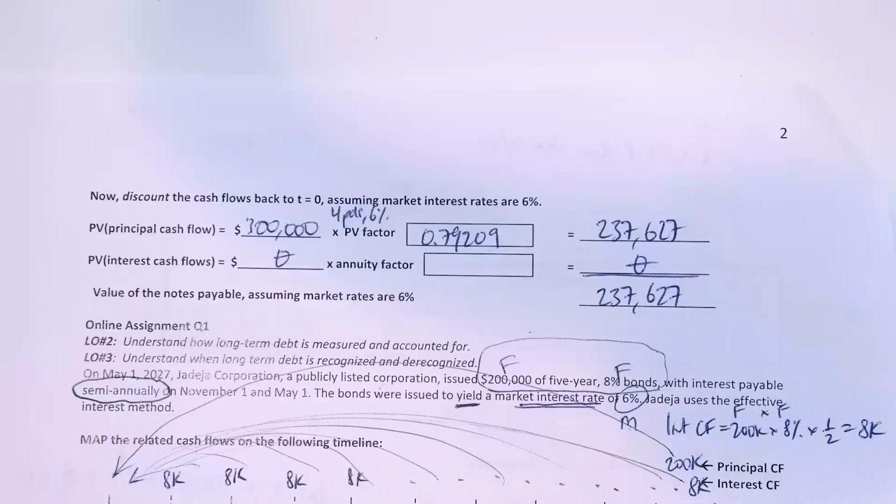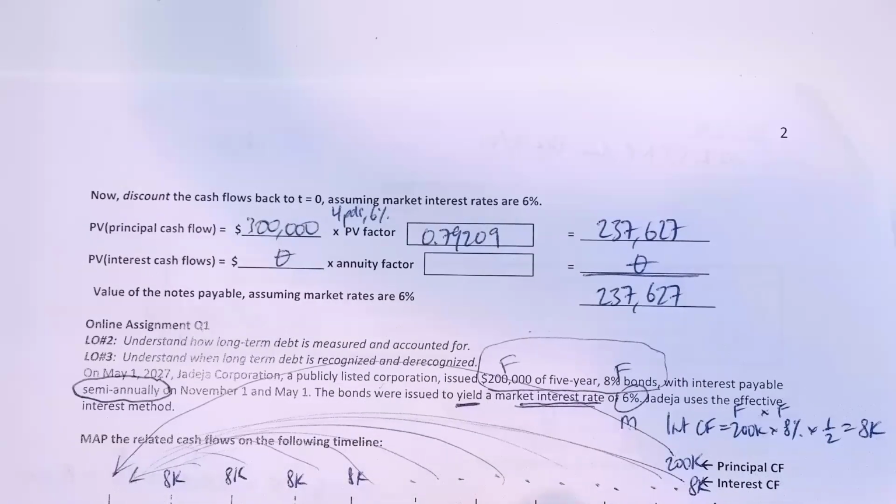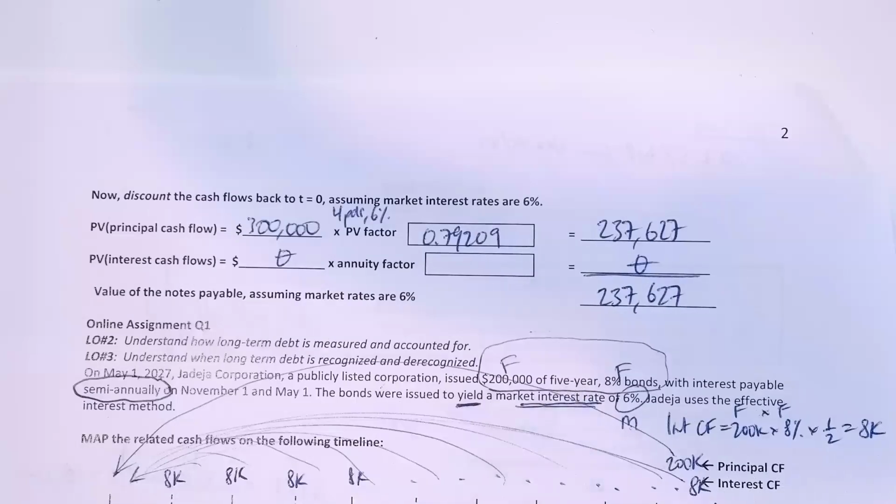So my PV factors are going to be based on 3% and how many periods? 5-year, but the interest periods are, yes, it will be 10 because the interest periods are semi-annual. So 3%, 10 periods, not 6%, 5 periods.